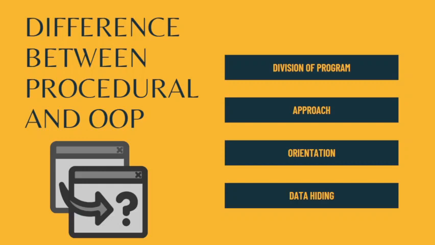The last point is data hiding. That is one of the most important points that we should take note of. When it comes to procedural programming, data, let's say integers or strings or things that we use to represent data, are not hidden. They are exposed, and that is one main thing that we don't want our code to do.